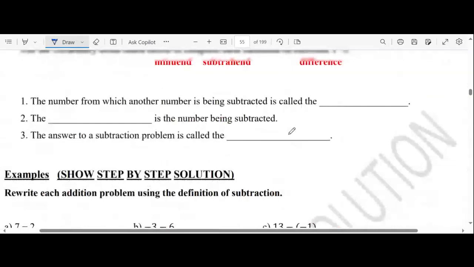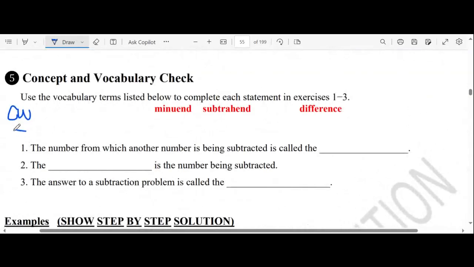And this is classwork. You have to do this. You have 3 words here, and you have to find the answer for these 3 words. What's the answer for number 1?